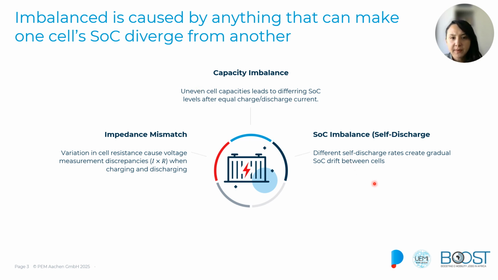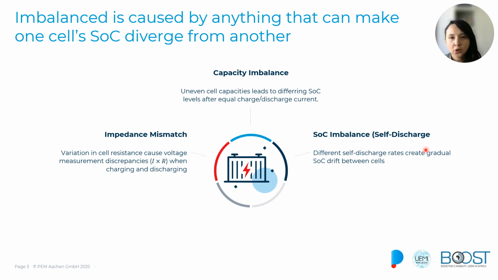The other type of imbalance is the SOC imbalance, which is also commonly referred to as self-discharge. This is a natural phenomenon in our battery cells, where the cells will lose energy even when they are not in use, and this can be related to a leakage of energy in the cell.